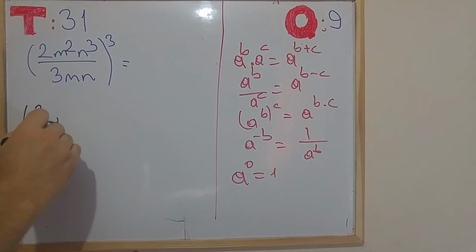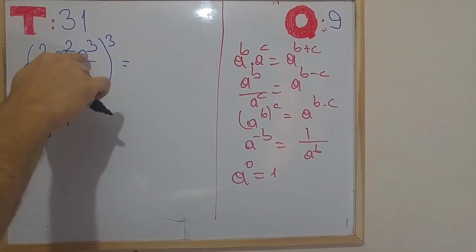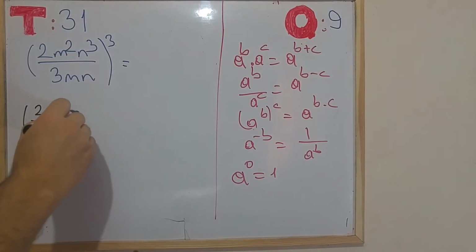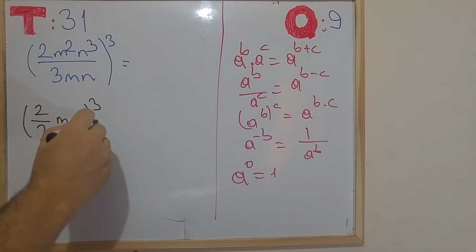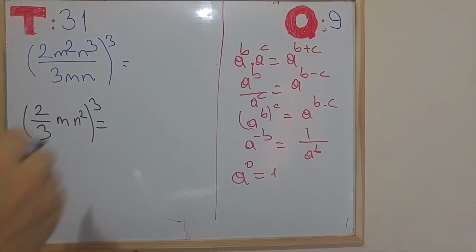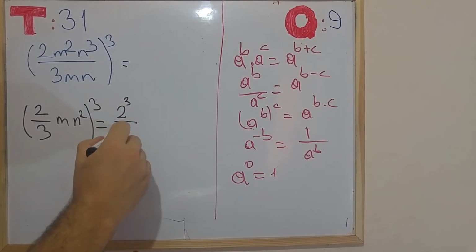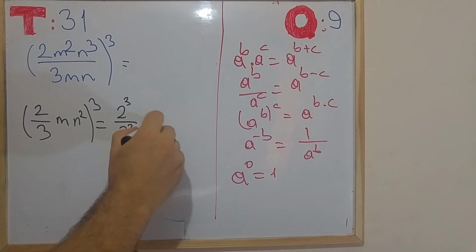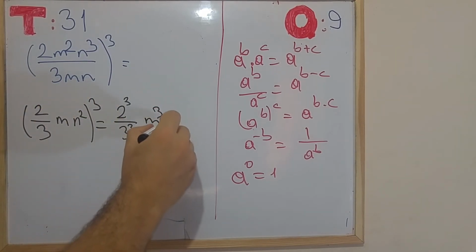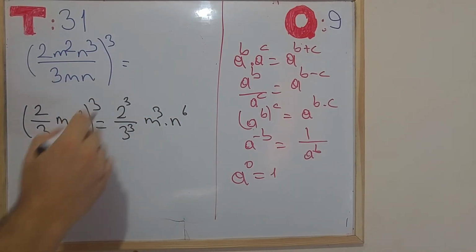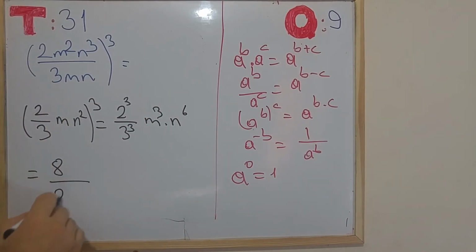So we have m, and what we have here is n to the 3 minus 1, n squared, to the power 3, which is equal to 2 to the 3 over 3 to the 3 times m to the 3 times n to the 3 times 2, 6. So this comes out to be equal to 8 over 27 times m cubed n to the 6.